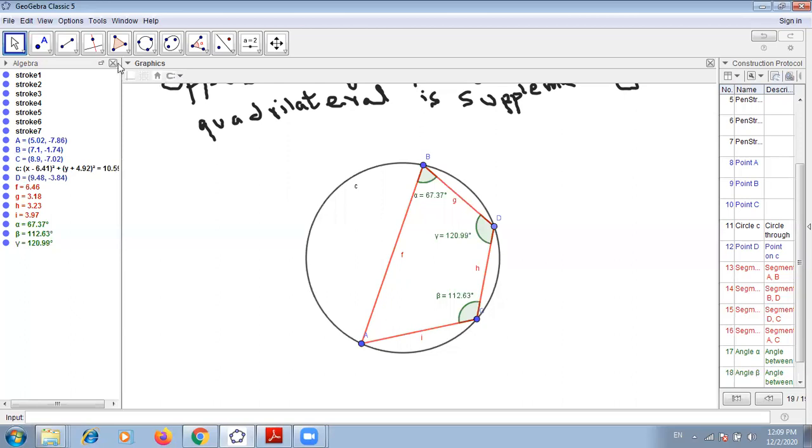Now, if I measure angle CAB, these two are supplementary, and the sum of all the 4 angles equals 360. So opposite angles of a cyclic quadrilateral are always supplementary. That is our theorem.